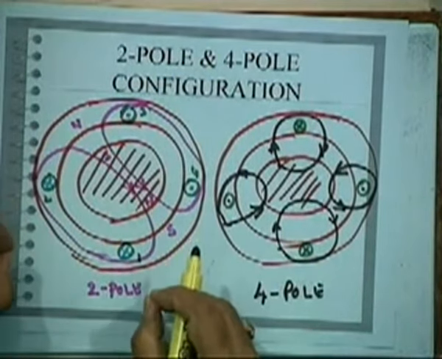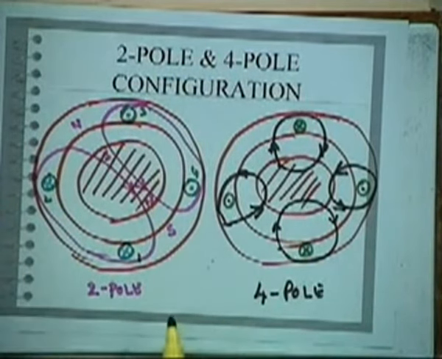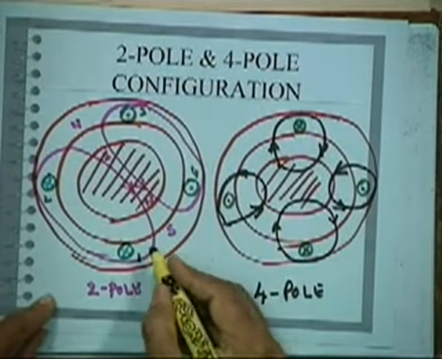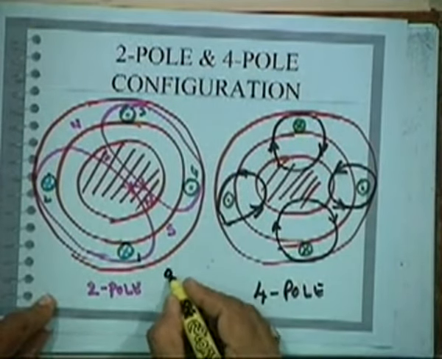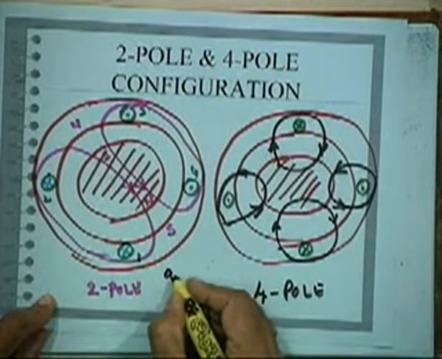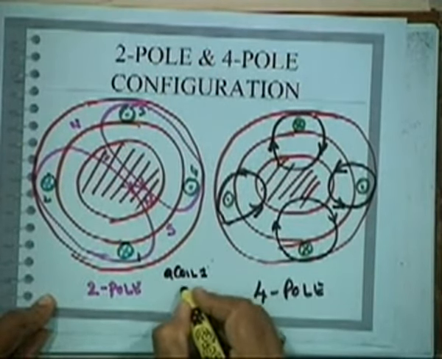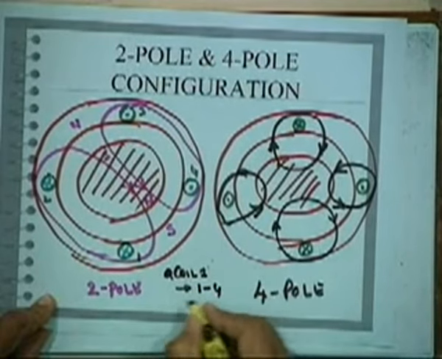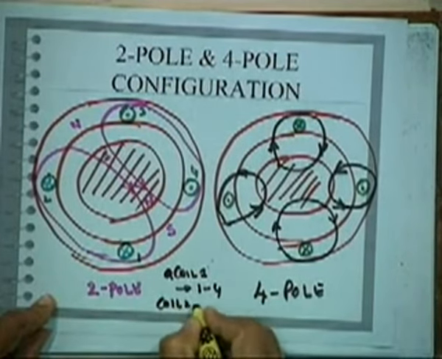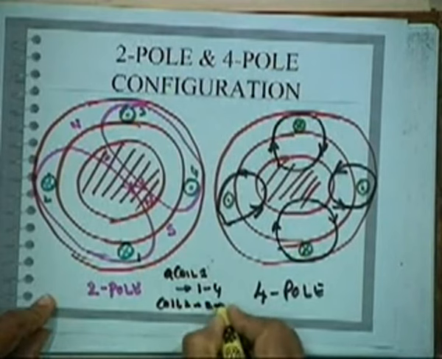All you have to do is, you can make this one coil. Let us say coil 1 will have 1 4, and coil 2 will have 2 3.